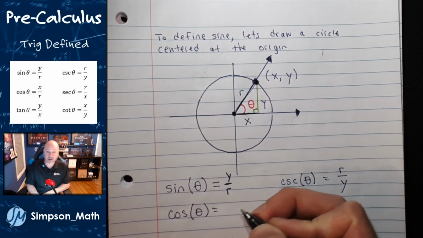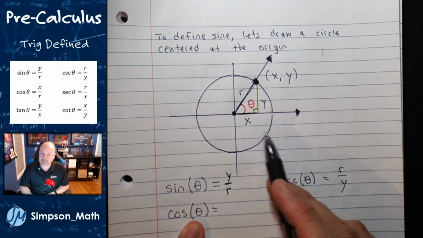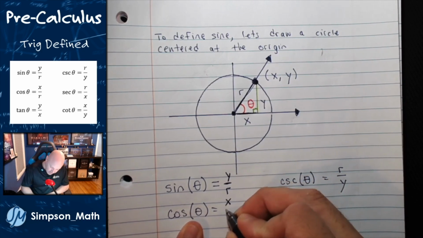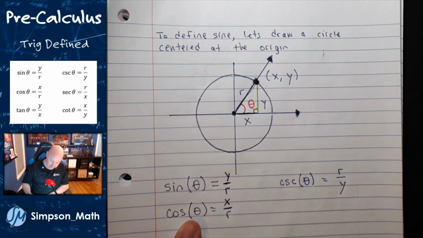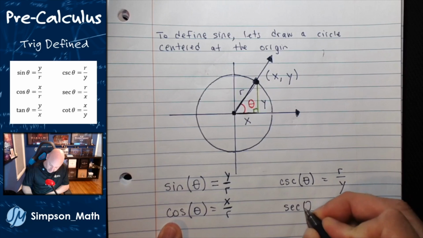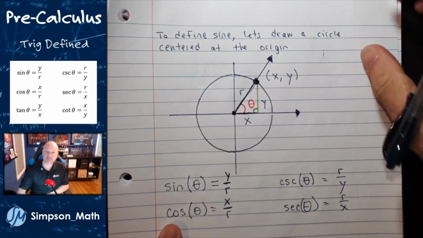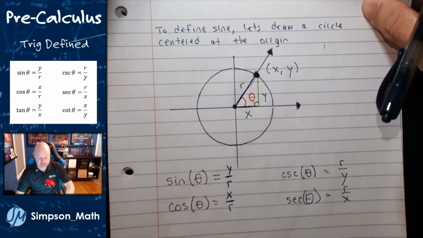Cosine of an interior angle of the right triangle is defined as the horizontal distance, or the x, over the radius. Cosine has a reciprocal function called secant, r over x. Tangent.